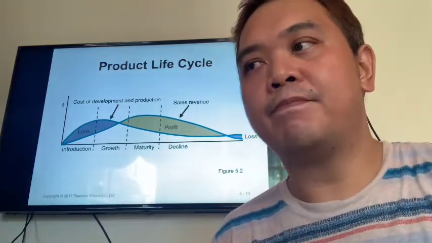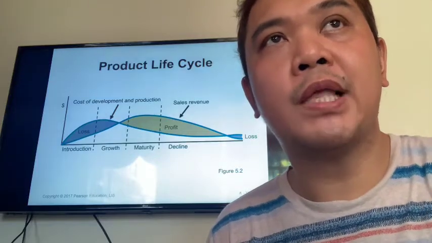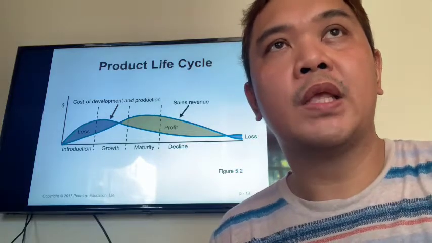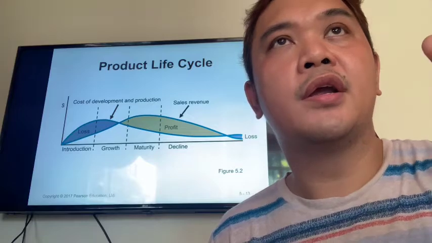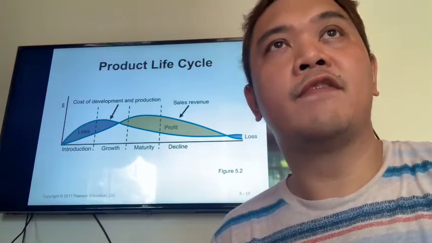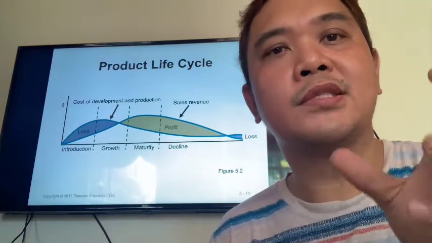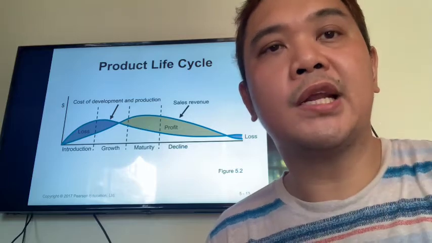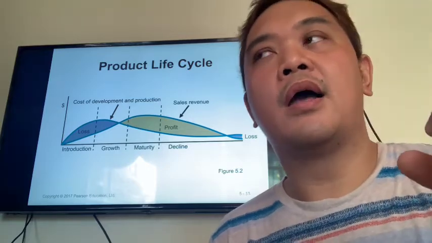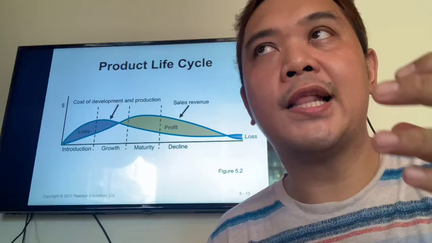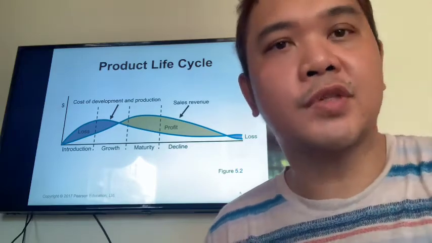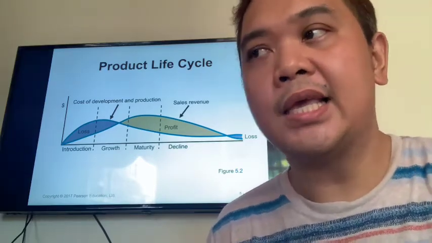Because product development is done during your introduction phase and your growth stage. That's why R&D or research and development, kailangan na gagastos ka for R&D.